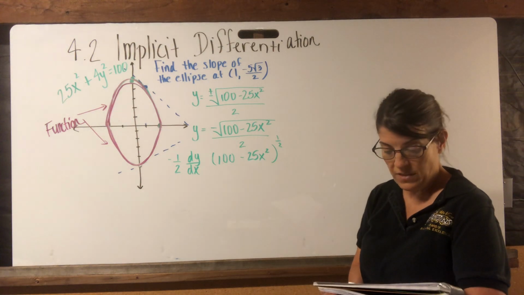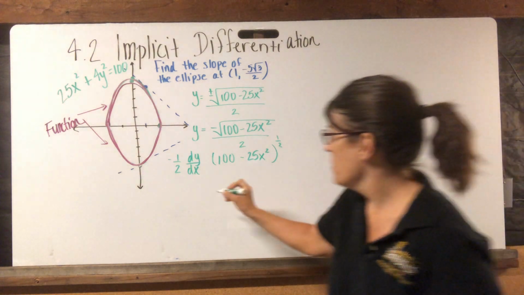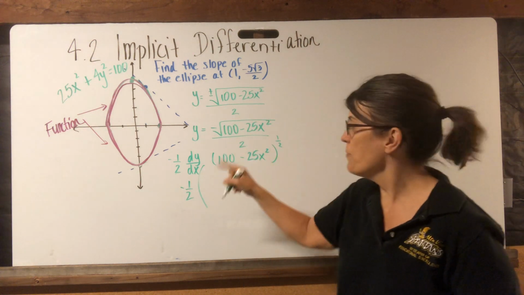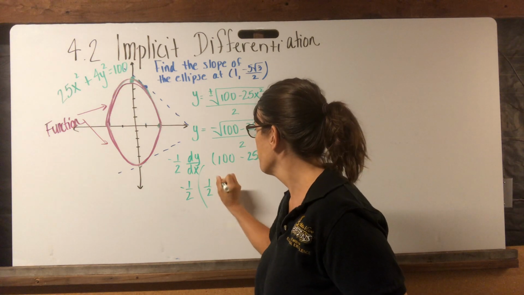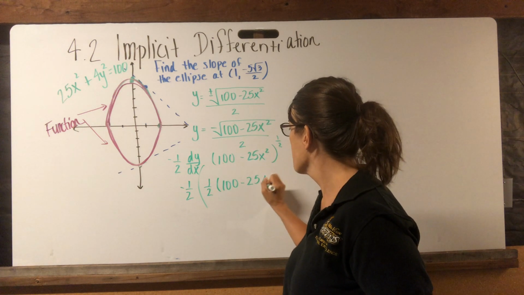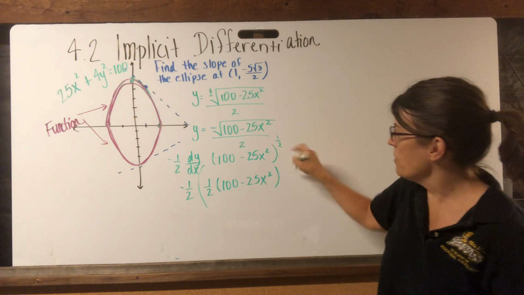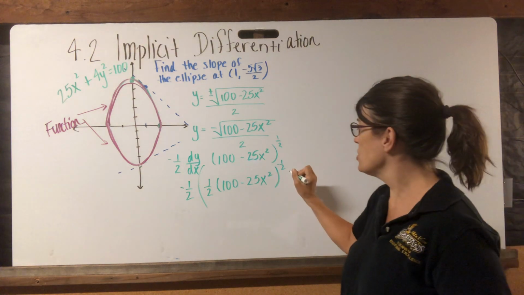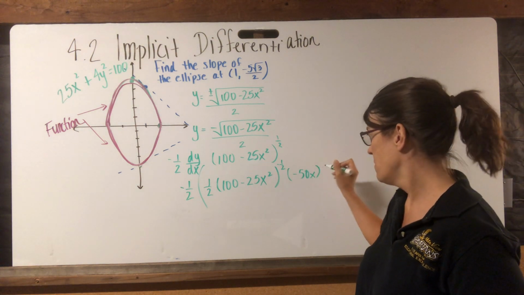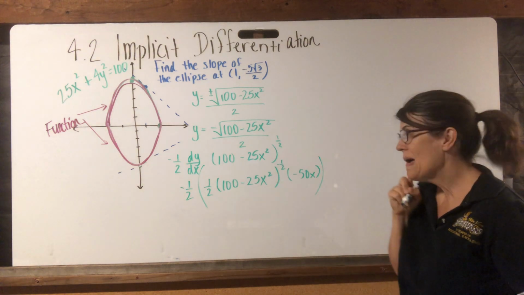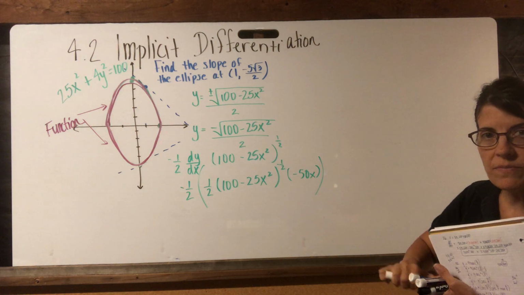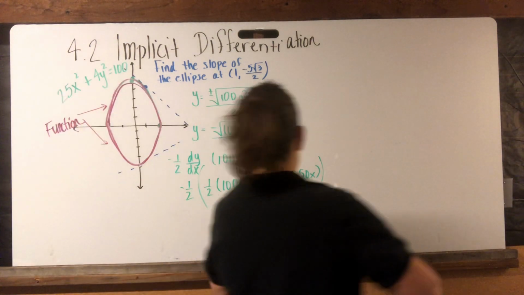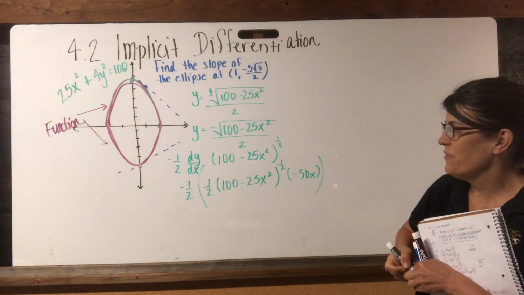This becomes negative 1/2 times chain rule, power rule, 1/2 in front, decrease the exponent by 1, times the derivative of what's inside, which is negative 50x. Something tells me that the green might be hard to see, sorry. It looks all pretty on my board, but I have a feeling you can't see it.